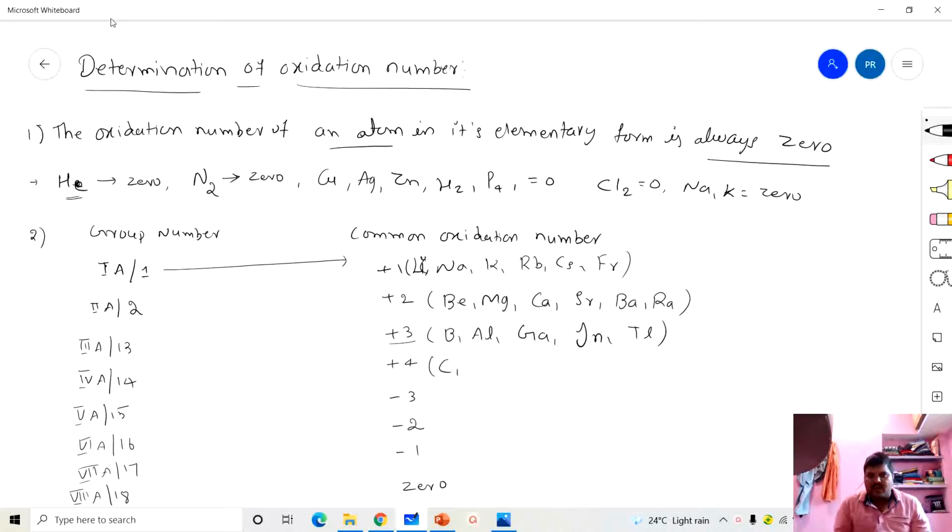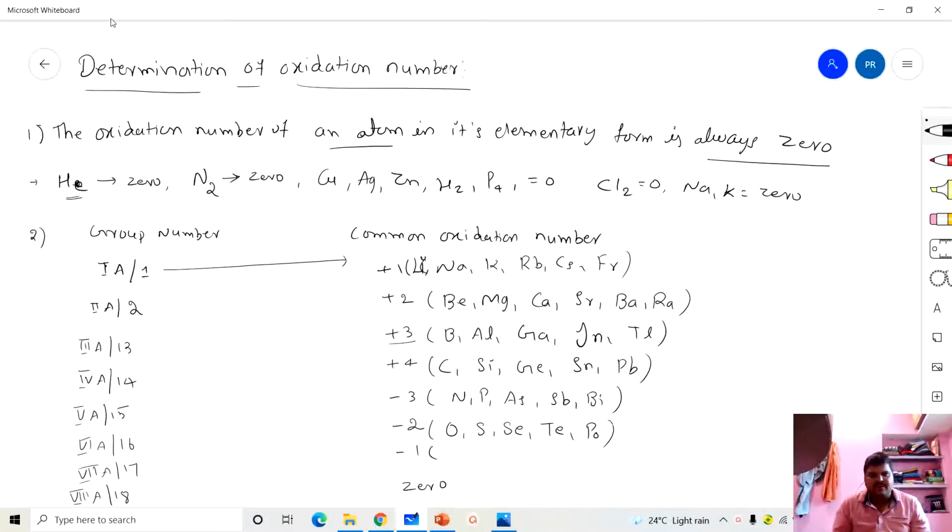Fourth A: carbon, silicon, germanium, tin, lead, +4. Fifth A: nitrogen, phosphorus, arsenic, antimony, bismuth, they are -3. Next, sixth: oxygen, sulfur, selenium, tellurium, polonium, they are in -2 oxidation state.